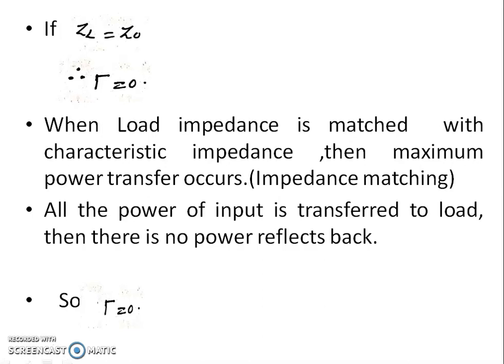This implies that the load impedance is matched with the characteristic impedance. At this condition, maximum power transfer will occur. That is, all the power from the input is transferred to the load side, and no power is reflected back. So the value of the reflection coefficient is 0.